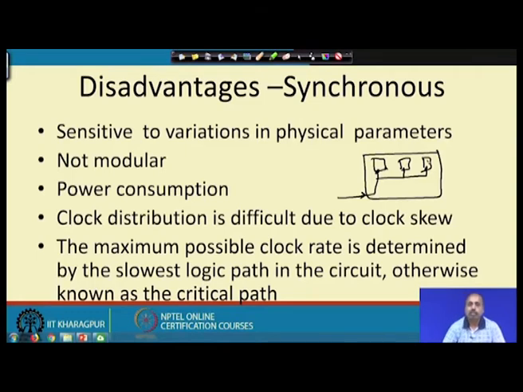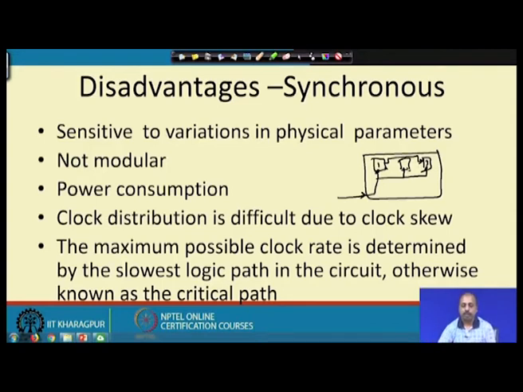If it is there, then naturally, when a circuit is producing some output, say the functional output produced by module 1 is to be used by module 3, module 1 has produced the output when the clock signal was active, but at that time module 3 was not getting the clock, so it could not use the value. By that time maybe some other thing has changed.